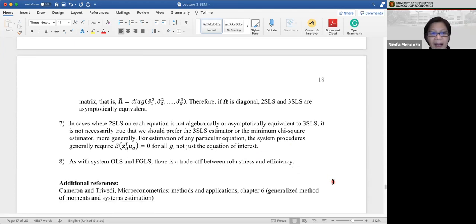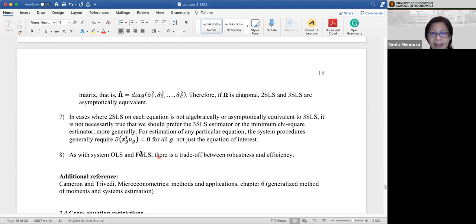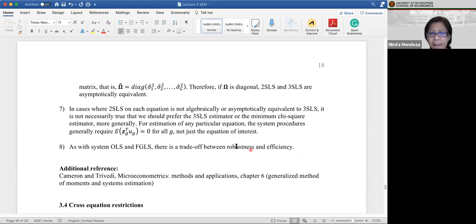As with system OLS and feasible GLS, there's a trade-off between robustness and efficiency. Robustness means that a single equation approach is not so sensitive to misspecification in the other equations.